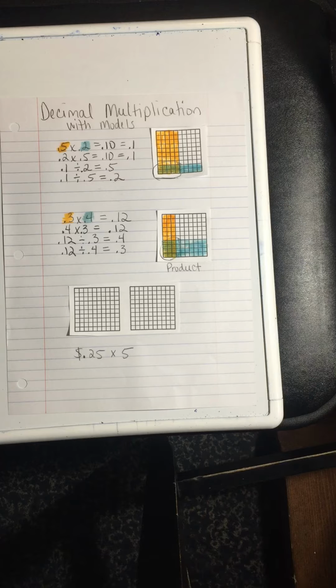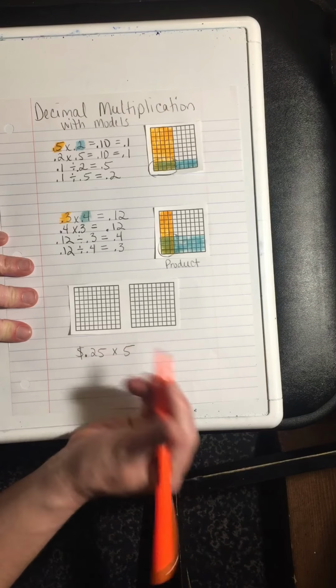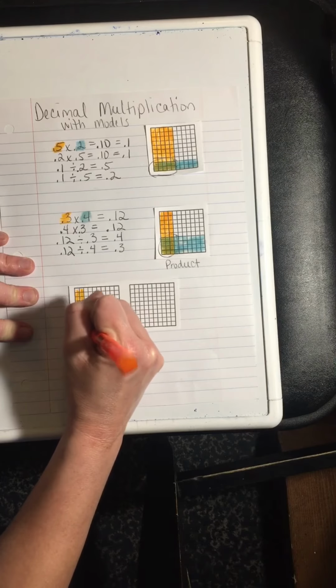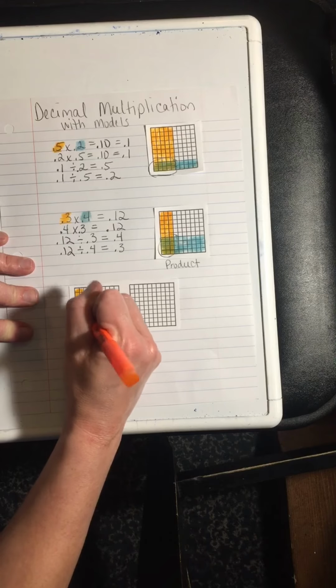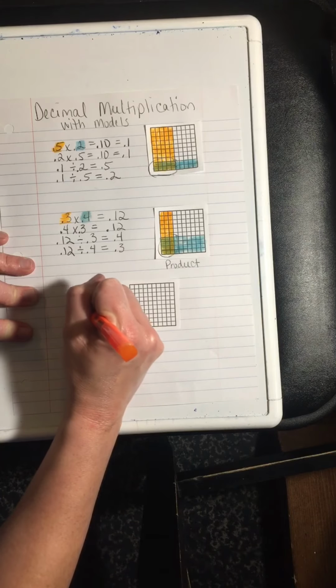So we have 25/100, which is 25 cents, which would be 25 pennies. It could be 2 dimes and 1 nickel, or it could also be just a quarter, right? We know that we have 2 in the tenths place, so we need 2/10. And then we have 5 in the hundredths place, so we're going to color 5 hundredths. 1, 2, 3, 4, 5.